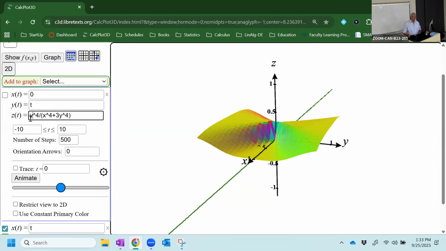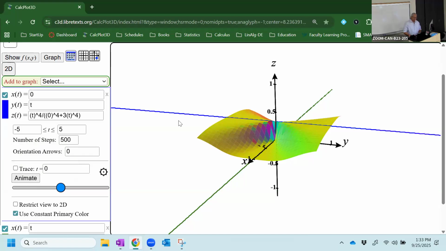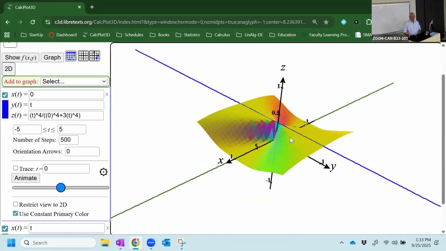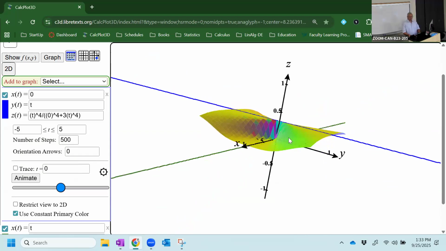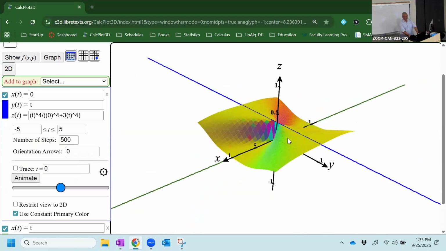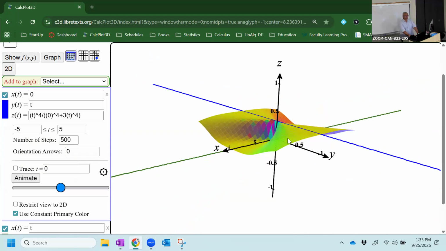I take my function again, where y is the variable t and x is the constant 0. Now this gives me a line that is always above the xy plane.